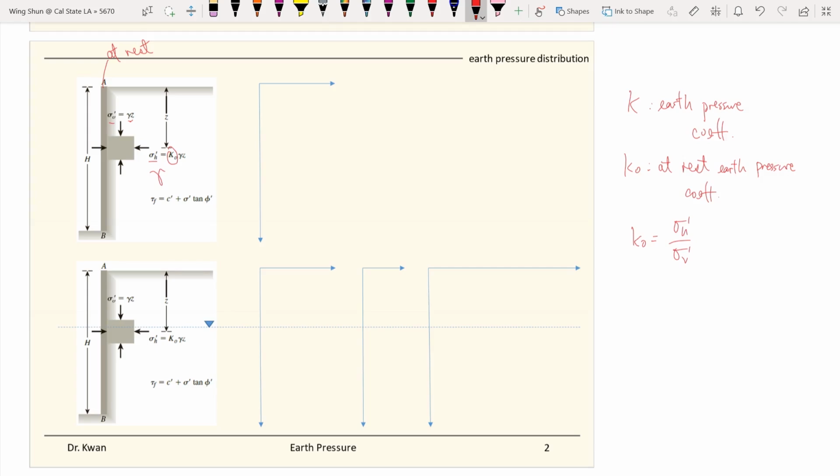And be very careful: this K naught, or any K values that we talk about, K or Kp, must all be effective stress based. Again, this is very important.